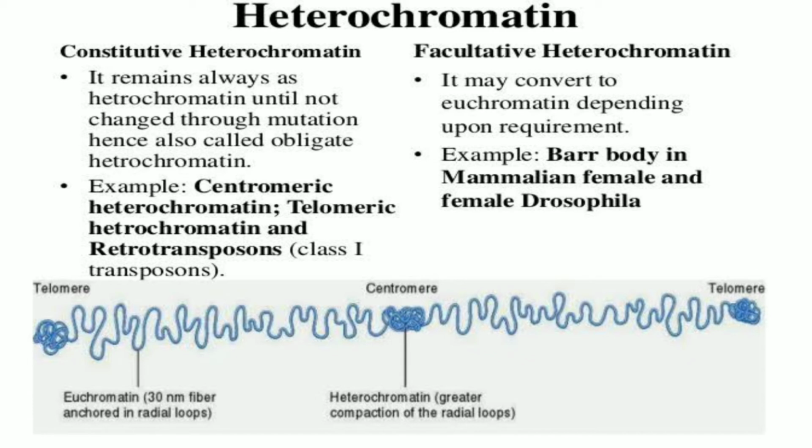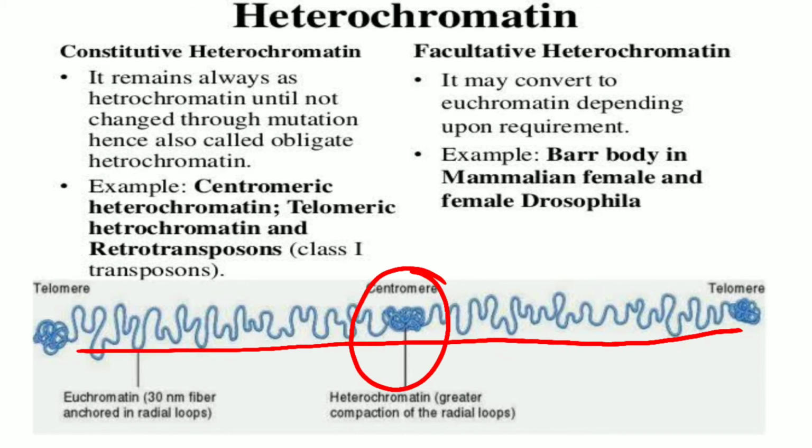Now, what is heterochromatin? Heterochromatin is formed of condensed regions about 250 angstroms in diameter. As you can see in this figure, there are certain condensed regions and certain regions which are loosely arranged.